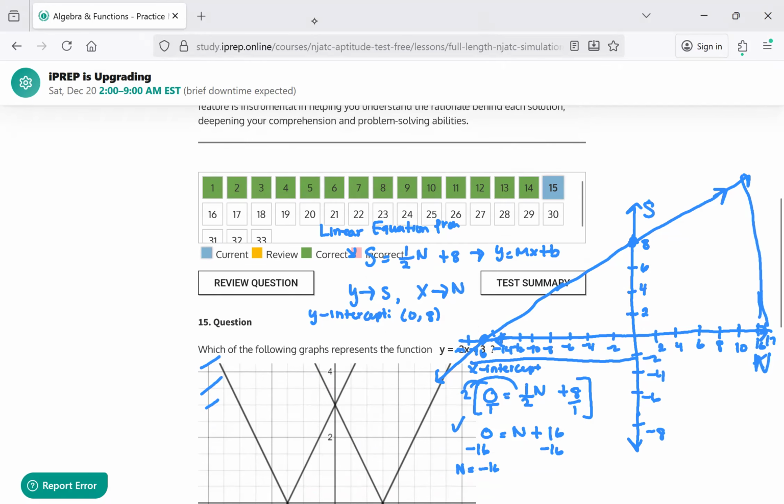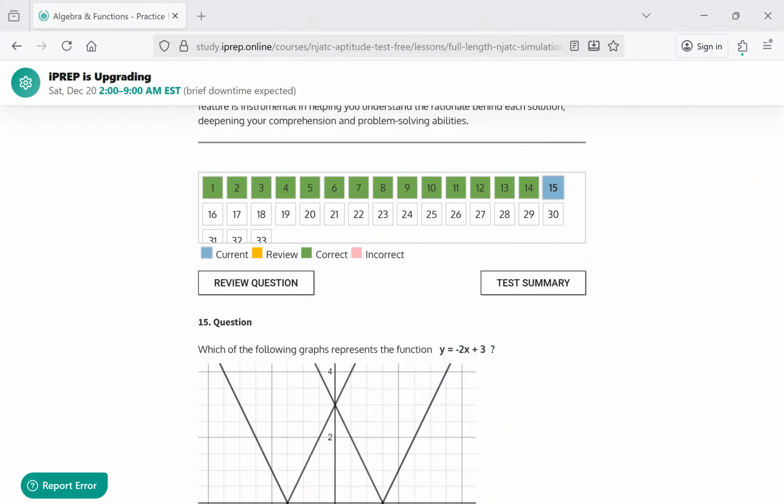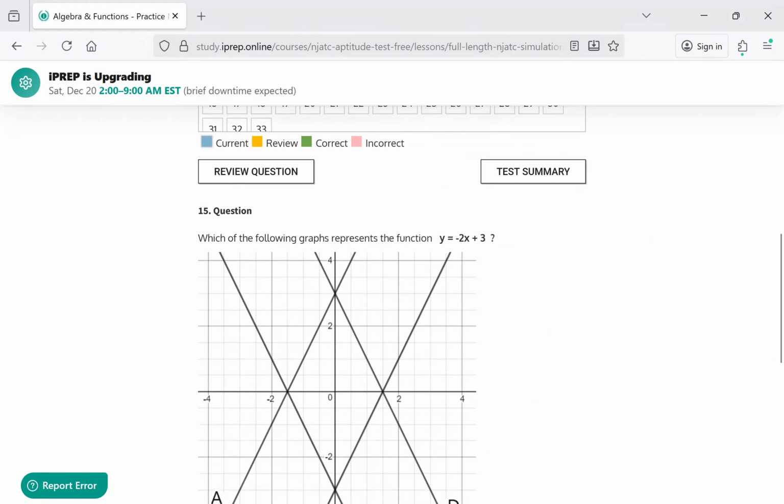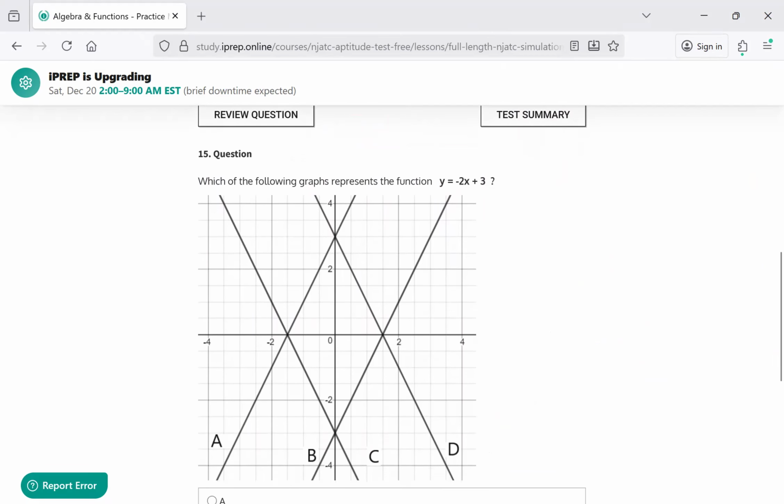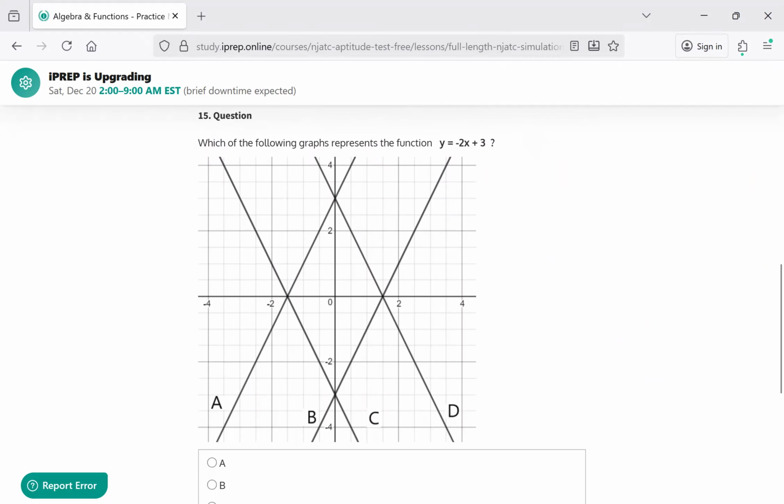Okay, let's move on to 15. Which of the following graphs represents y equals negative 2x plus 3? So there's a lot you can eliminate. In this graph, I know the slope is negative 2 and my b is 3, right? Which one has a y-intercept of 3 and a slope that's negative 2?